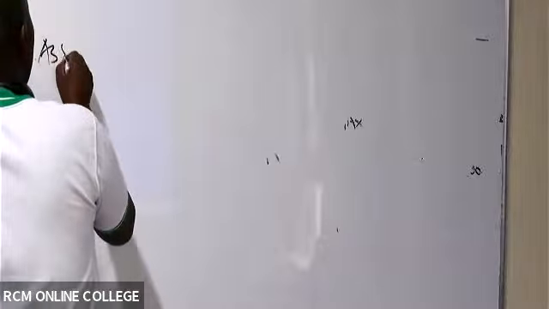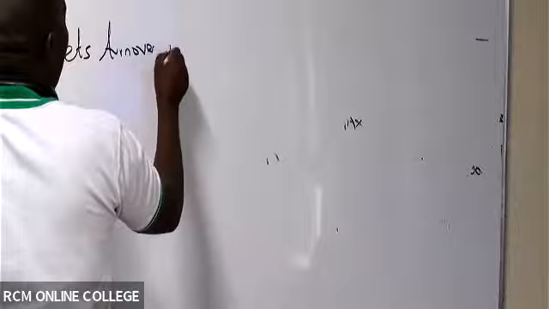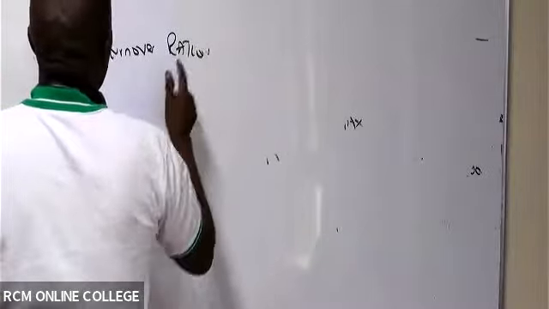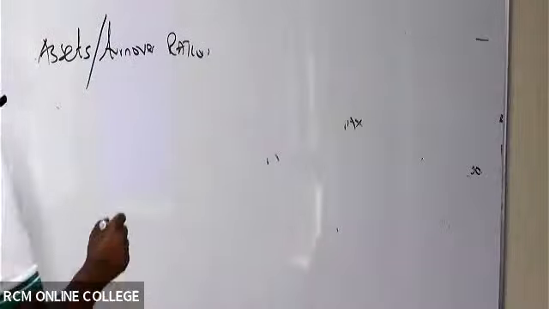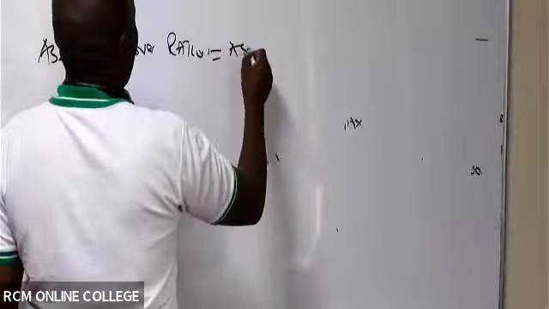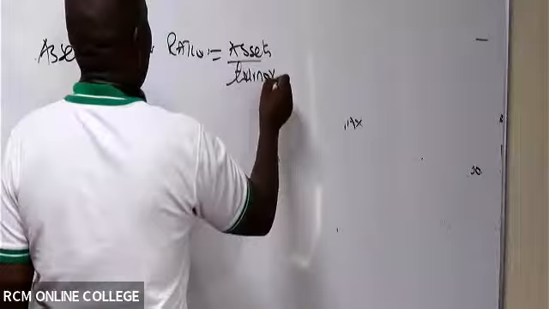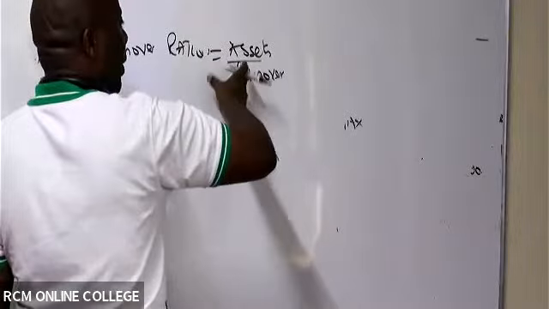I remember what my teacher told me. Basically this is supposed to be assets over turnover, but he told me they want you to turn over this formula, so they want you to reciprocate.